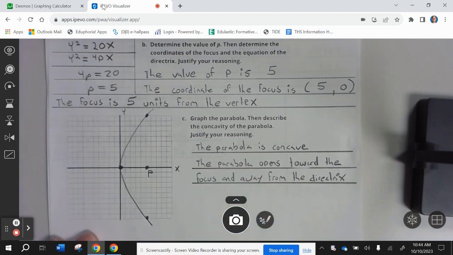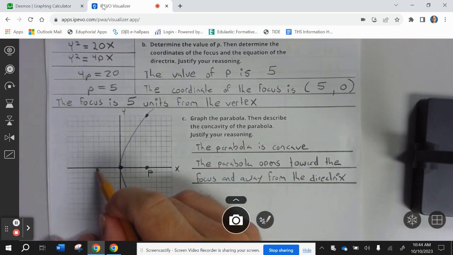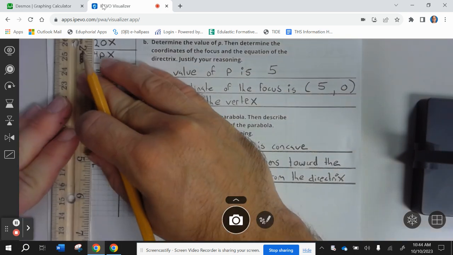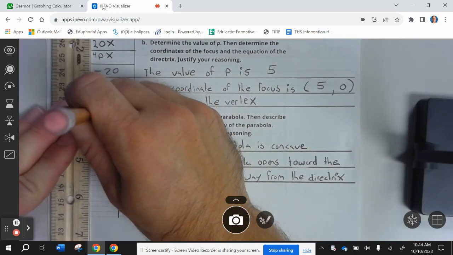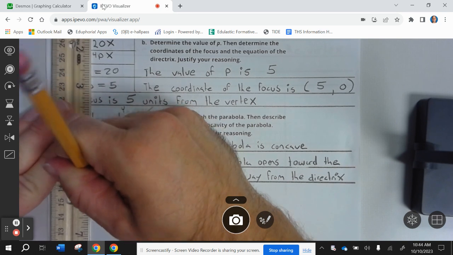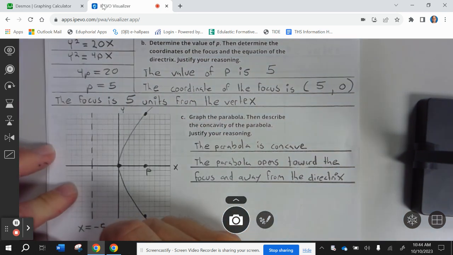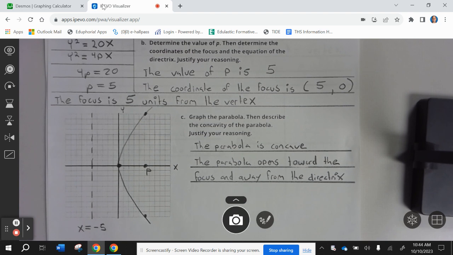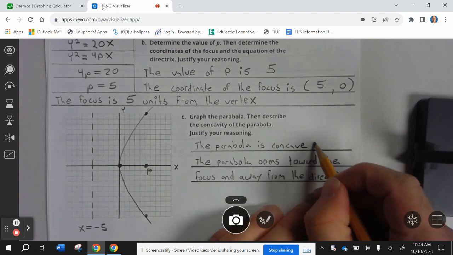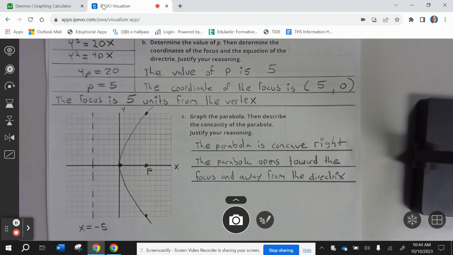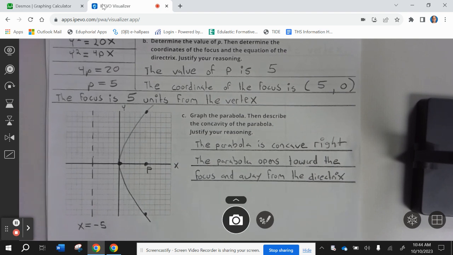That means the directrix is 1, 2, 3, 4, 5 units on the other side. The parabola is concave right. The parabola opens towards the focus and away from the directrix. All right, go ahead and finish it up. Let's take a look at the next page.